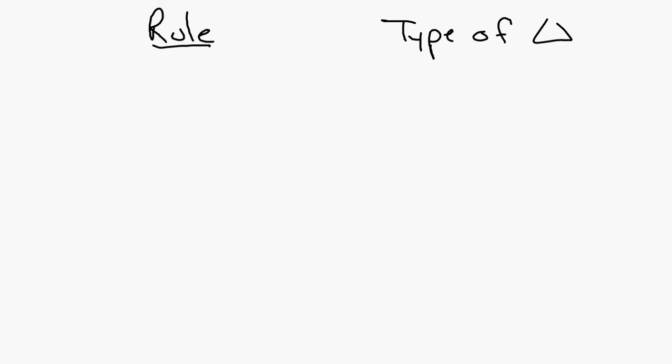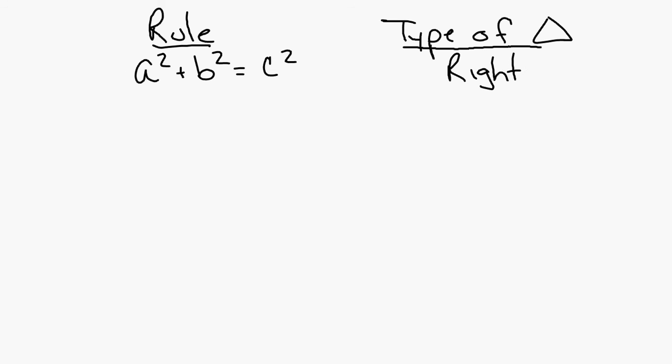If your 3 sides satisfy a squared plus b squared equals c squared, the type of triangle, that was a right triangle, wasn't it? So you could be given 3 sides of a triangle and asked if it is a right triangle. Well, then you take the 2 shorter ones, you square them, you add them together, and if they equal the longest side squared, it's a right triangle.